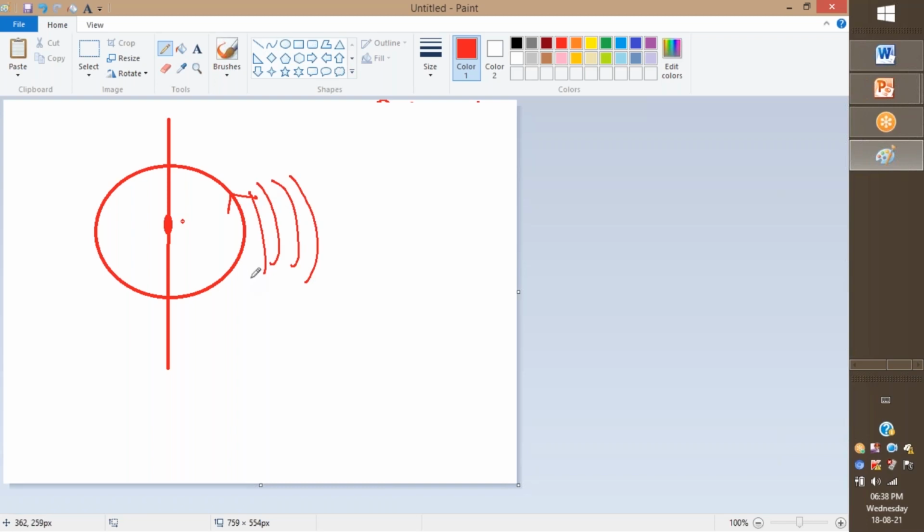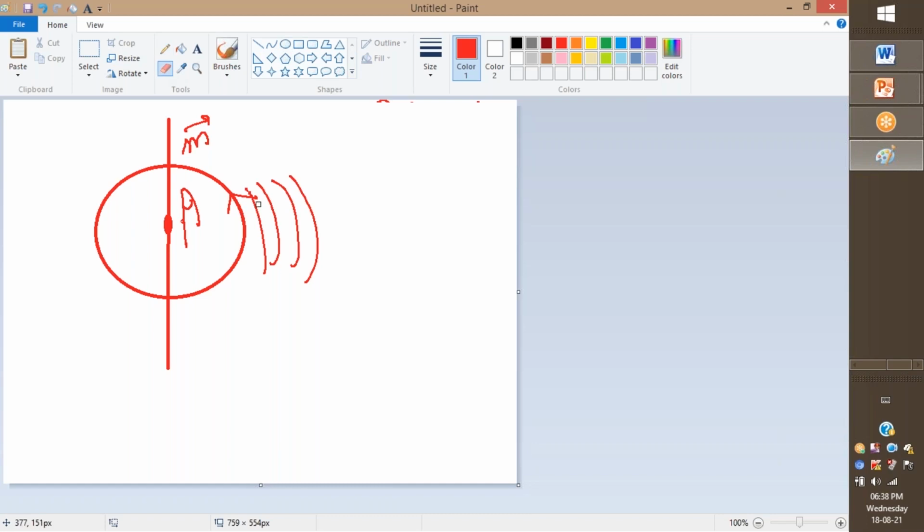So right hand thumb rule, you have to put all four fingers in this way, along the direction of the current, and try to hold this loop with this kind of grip rule, and your thumb will be pointing in this direction. So magnetic moment will be in this direction for this loop.